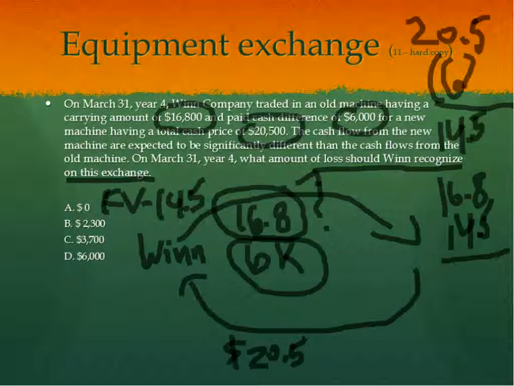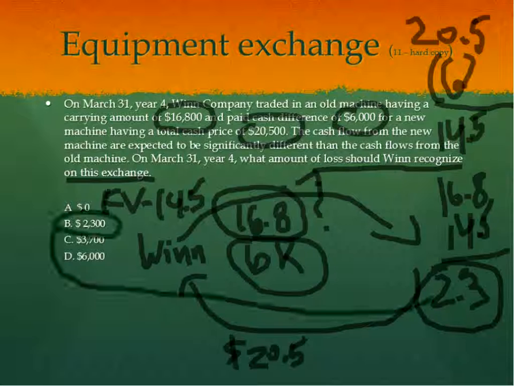This difference is 2.3 thousand. And once the exchange occurs, we recognize the 2.3 as a loss, right? We recognize it as a loss because we got rid of the machine and it was worth 14.5, right? And we recorded the loss.